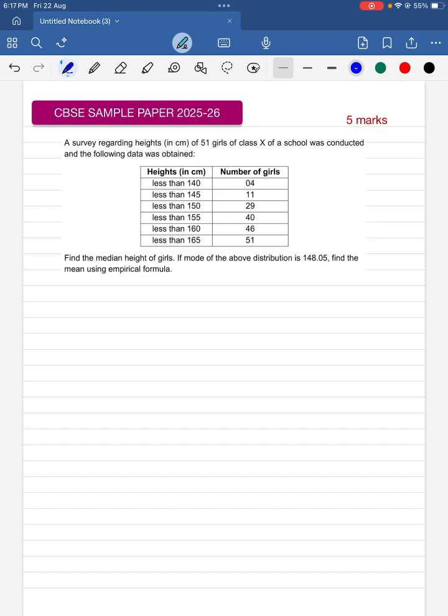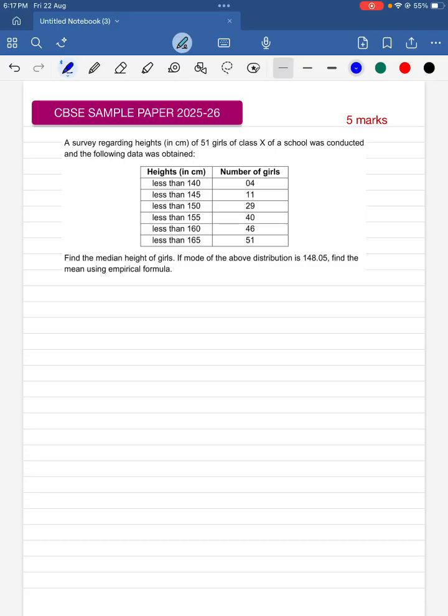Now look at the table that they have given you. They've given you the heights in less than 140, less than 145, less than 150, etc. So first we'll need to adjust these and find the actual class intervals and the actual frequencies from it, because they've given you the cumulative frequencies in this case.